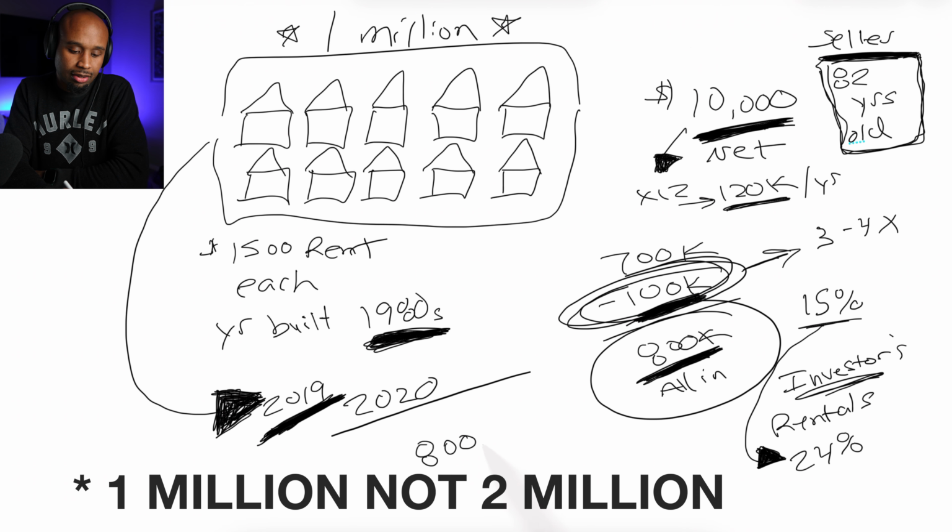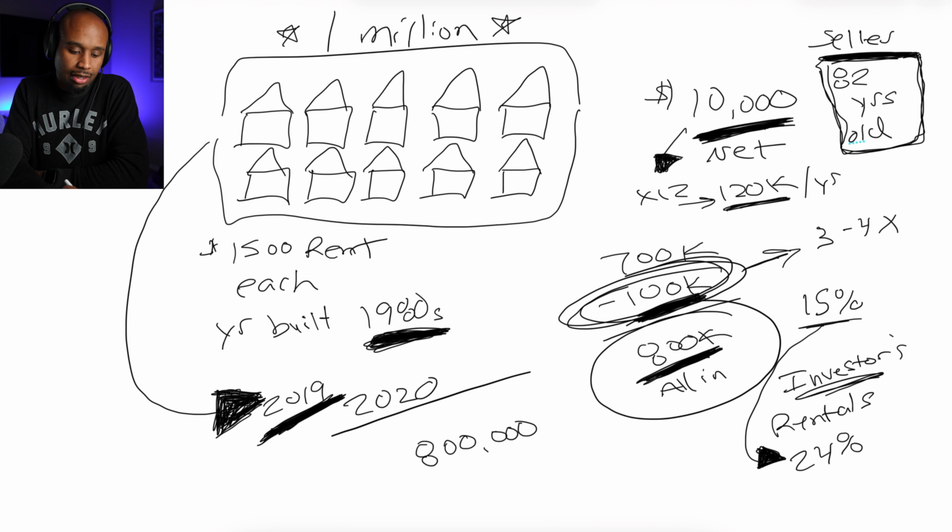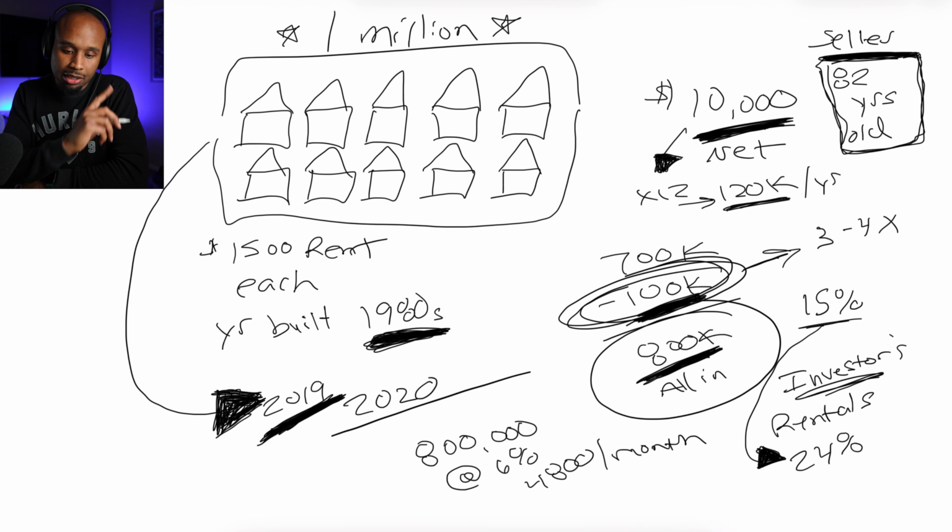And then you would have to get a loan for 800,000 at 6%, and the payment on this would be 4,800 per month. The portfolio is bringing in 10K a month. So you would have to subtract this from it.